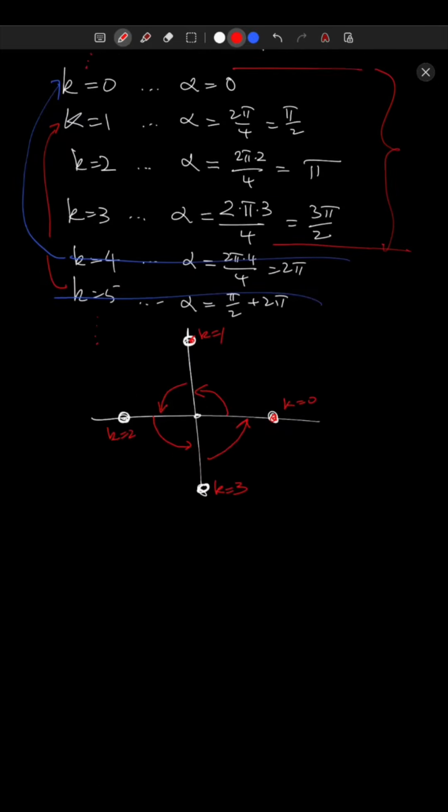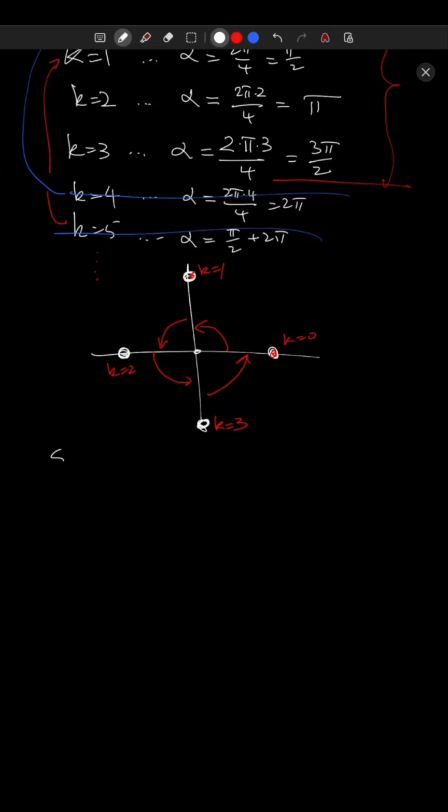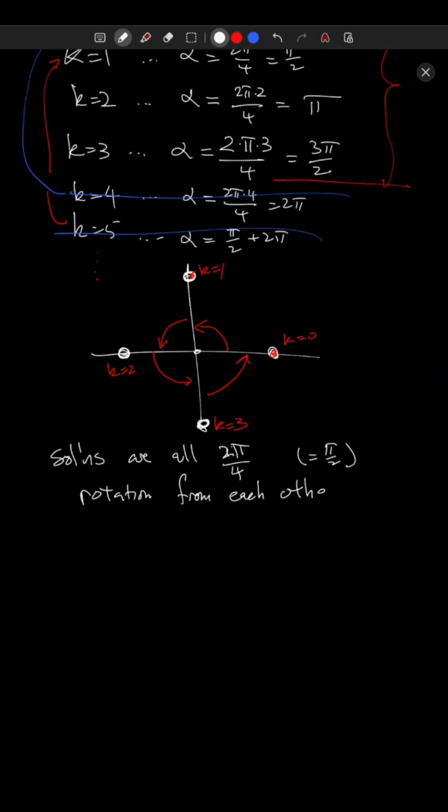So the solutions are all 2 pi over 4, which happens to be pi over 2, rotation from each other. Right? So we have this really, really nice symmetry in terms of the solutions. We have the k equals 1 solution, and then every pi over 2, every 90 degrees, we get another one.